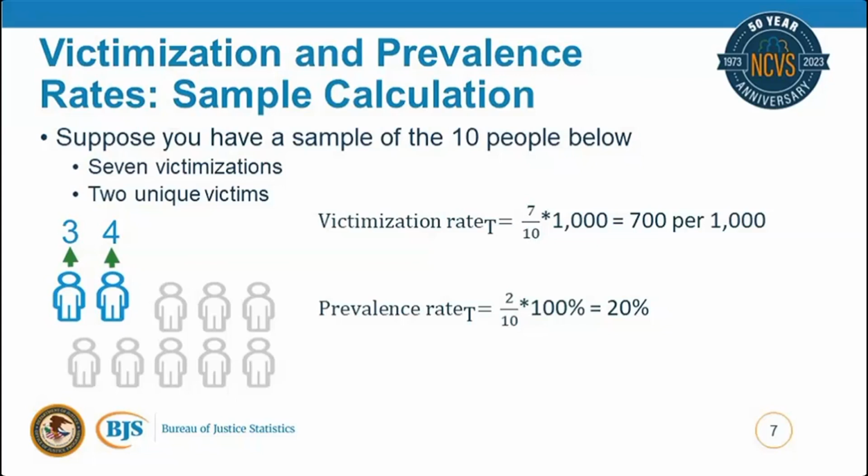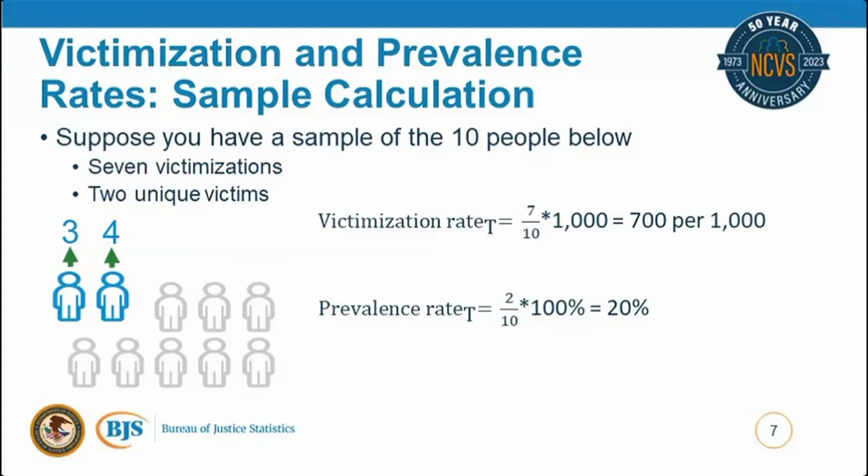For the victimization rate, these 10 people have experienced a total of 7 victimizations. To get the victimization rate, we divide the number of victimizations, 7, by the number of people in our population, 10. We then multiply that number by 1,000. In a population of 1,000 people, we would expect a total of 700 victimizations. That is the victimization rate.